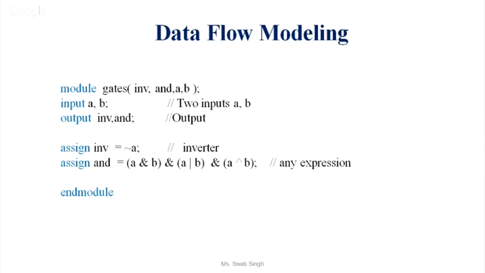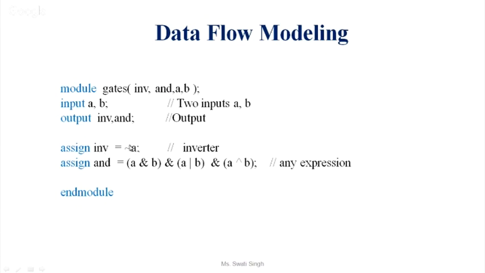In data flow level modeling, here we use the assign operator as we discussed in our first example. In this case, suppose we take an example: write the module name gate, inv for inverter, and a, b. So here I am declaring a and b as the inputs, and inv and and as the outputs. In data flow modeling we are using the assign operator. Assign means inv, the output, is equal to the negation of a.